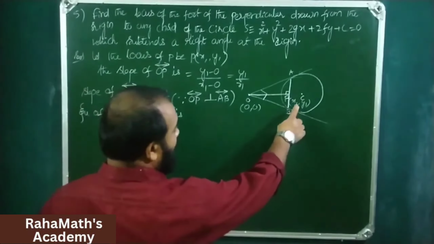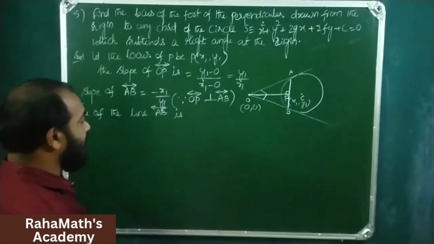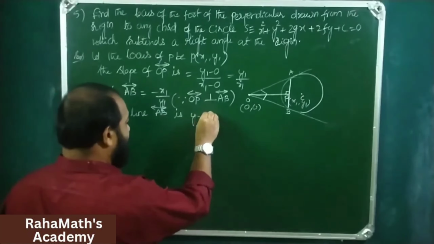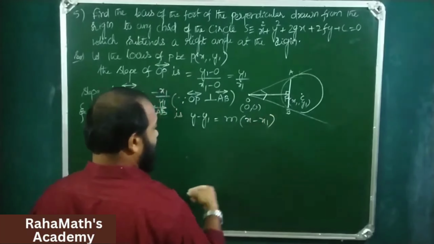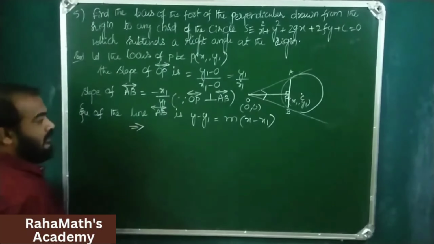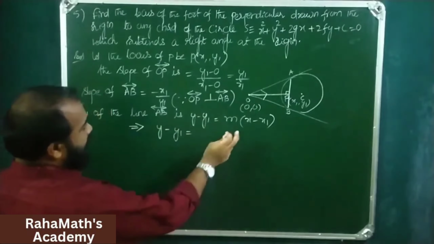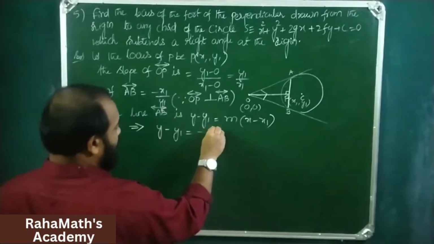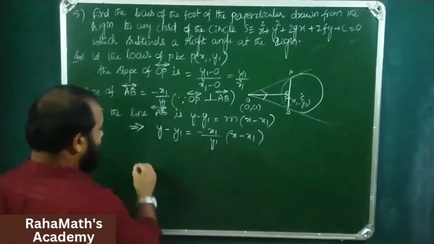So we have a point and a slope, and the slope point form is y minus y1 equals m into (x minus x1). That is, y minus y1 equals minus x1 by y1 into (x minus x1).